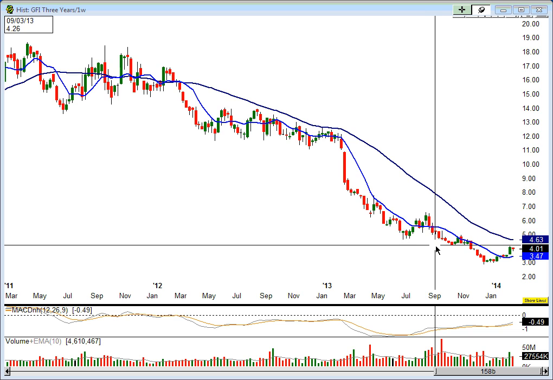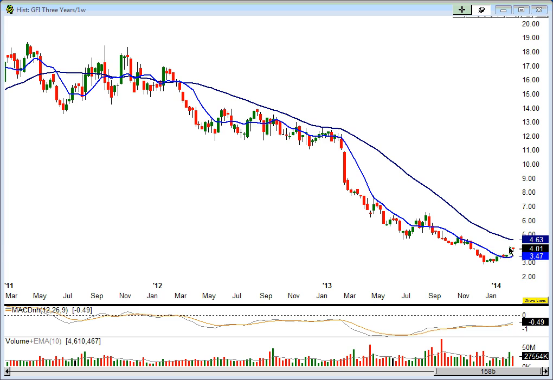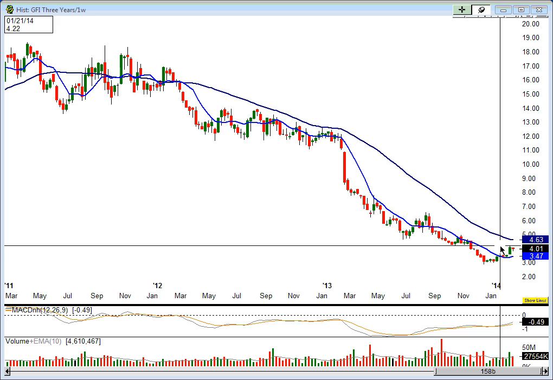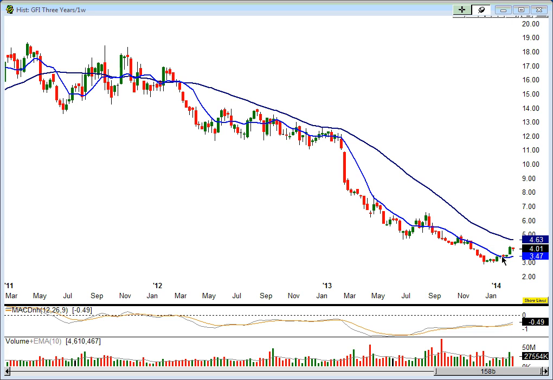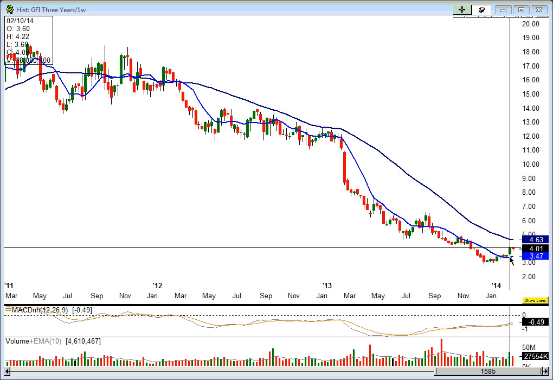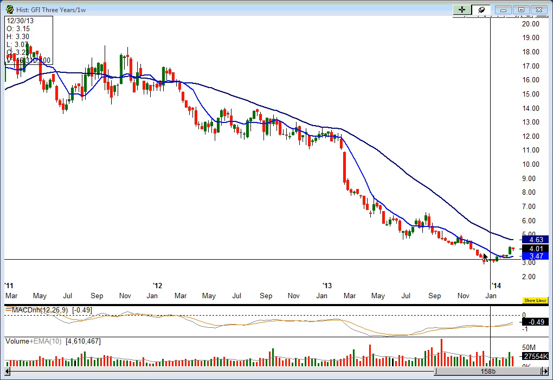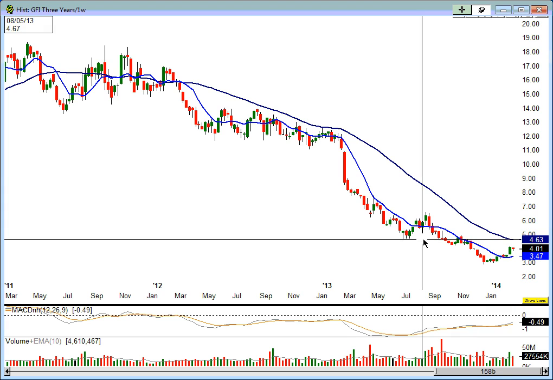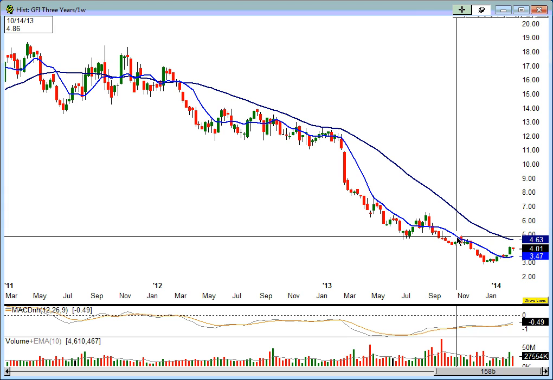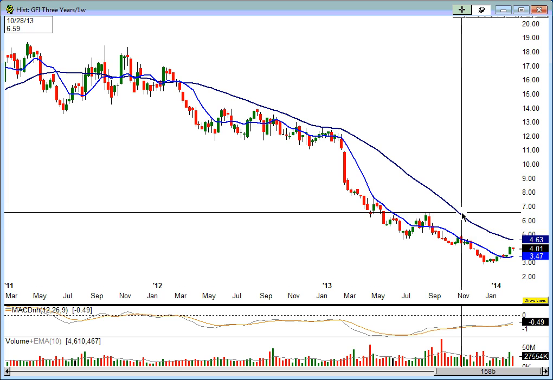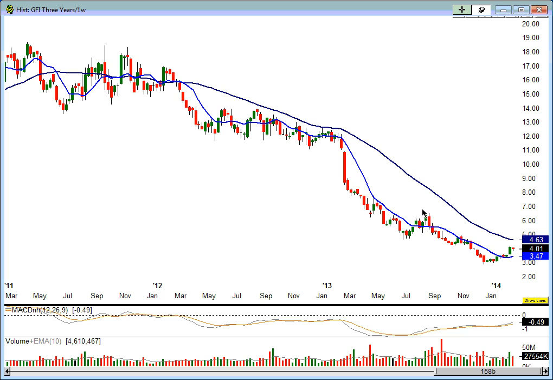So you can see that this is kind of bumping up here, with a little bit of a pullback inside bar on this weekly price pattern. If it breaks back above this particular candle, the high of this thing, that could be another possibility of looking at a swing long, and maybe get it back up to this particular pivot level here, somewhere around the 4.86, and then work itself up to the 6.50 level eventually, because you see a trend line coming down.